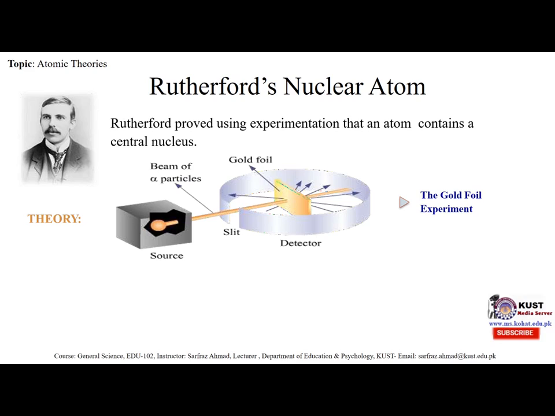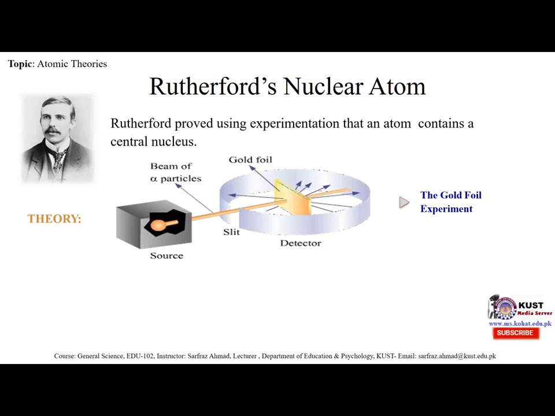The gold foil was only 0.00004 centimeters thick. Most of the alpha particles went straight through the foil, but some were deflected and hit a spot on the screen placed off to one side. Geiger and Marsden found that about 1 in 20,000 alpha particles had been deflected 45 degrees or more.